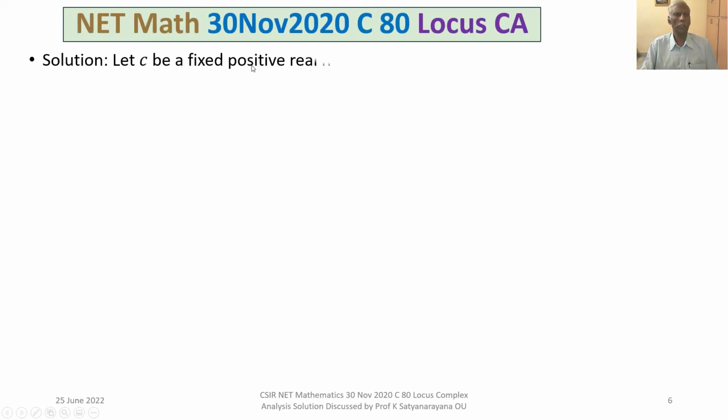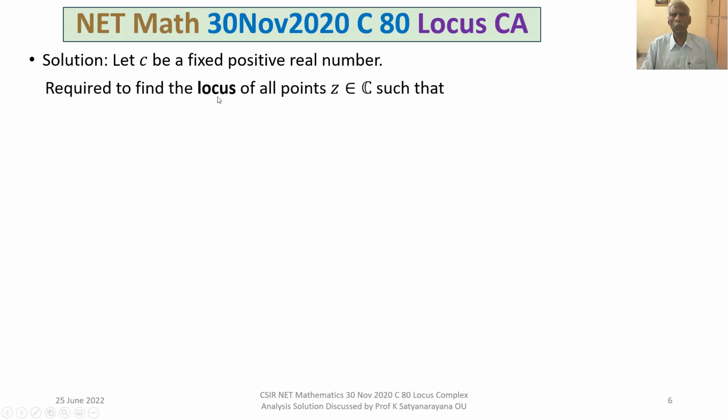We are given that C is a fixed positive real number and are required to find the locus of all points Z belonging to the set of complex numbers such that modulus of (Z minus i) by (Z plus i) is equal to C, where C is a constant.